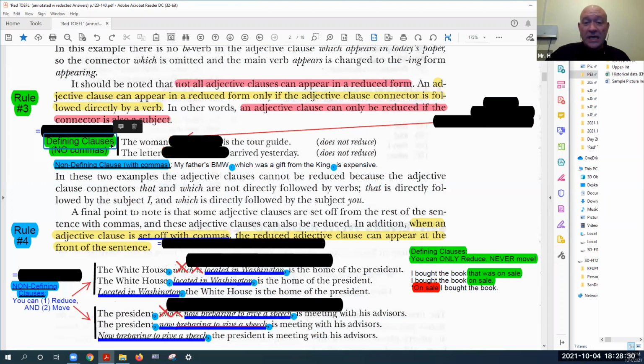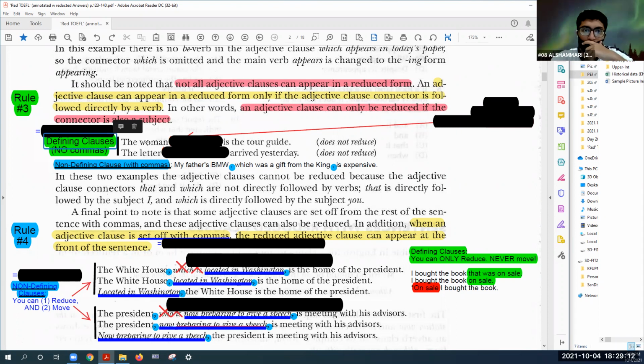Sometimes we need information to make the example clear. We need some more details. And in other cases, it's already clear, so we don't need more details. So basically, necessary information and optional information.